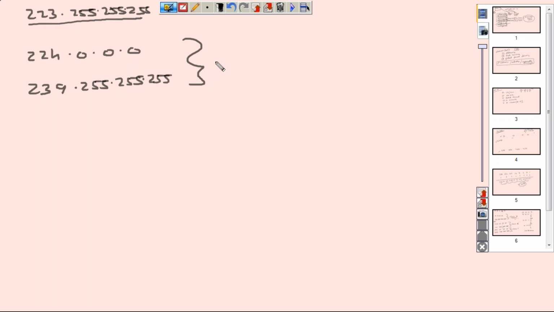Now this used to be originally called class D. It is still called class D, but a newer name for that would be the multicast range. We'll talk about unicast, multicast, broadcast and anycast over the sessions.